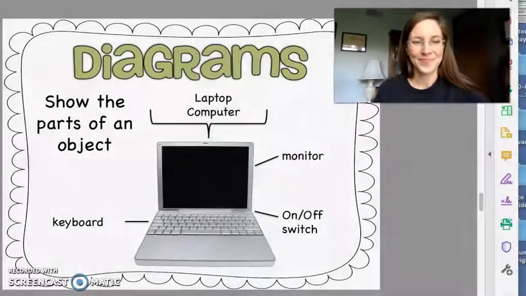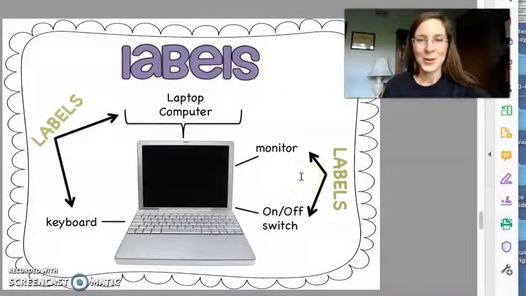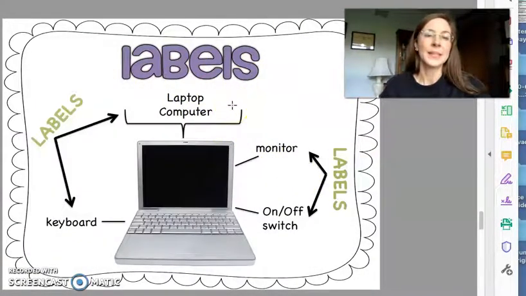So that's another neat example of a diagram. A few more here. Labels. So labels are a part of a diagram. Sometimes you'll just have a couple labels right on top of an illustration or photograph.